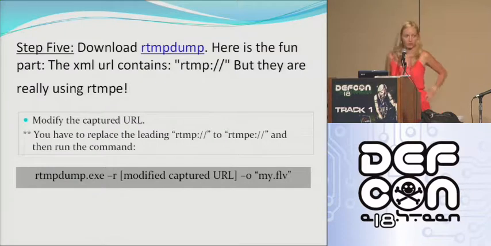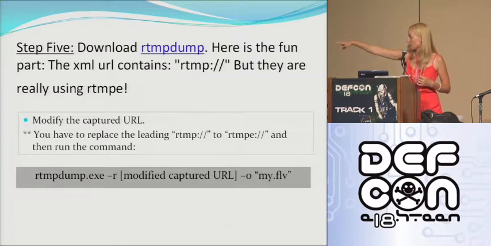Okay, so the next thing you have to do is download RTMP dump if you don't have it already. And here's the fun part. They're kind of tricky. It looks like it's RTMP, but it's not really RTMP, it's RTMPE. So if you just change the URL to RTMPE and then run that command in RTMP dump, you're going to download the file.